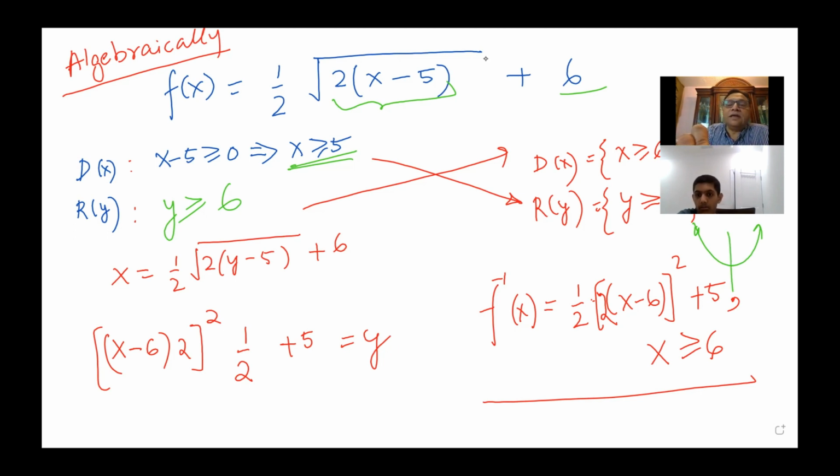Our function is and should be only the right side of this parabola. Is that clear to you? That's the key. So if you miss this, you lose 0.5 marks. Therefore, I will suggest start with domain and range, ensure that the domain of the inverse is clear to you, then do the calculation and include the domain in your answer. Correct? Good job. So once you do all this, you can easily sketch also.